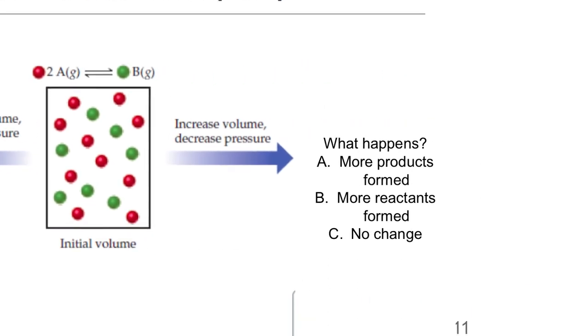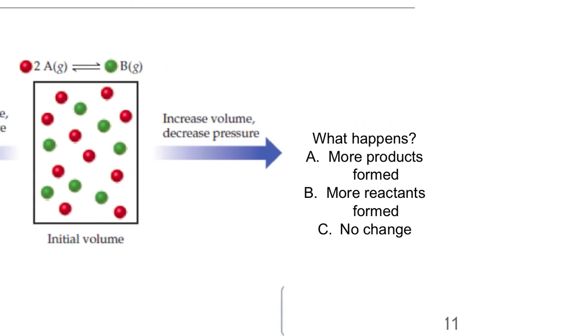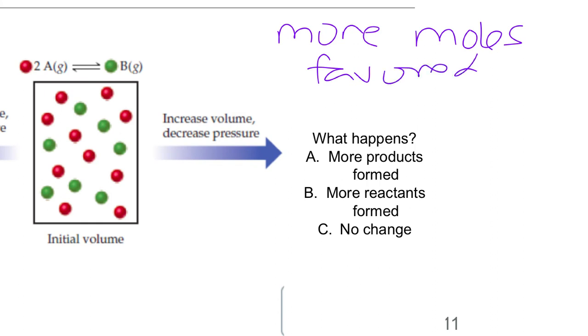So now if we increase the volume and decrease the pressure, the opposite happens. The side with more moles of gas is favored. I'm going to try to write more moles favored. And so in this example, that side is the reactant side, and so we should see that more reactants are formed.